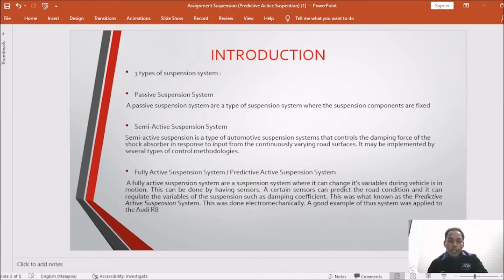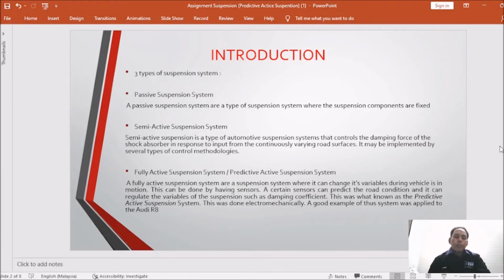A semi-active suspension system is a type of suspension system that controls the damping force of the shock absorber in response to input from the continuously varying road surface, and it may be implemented by several types of control methodologies.